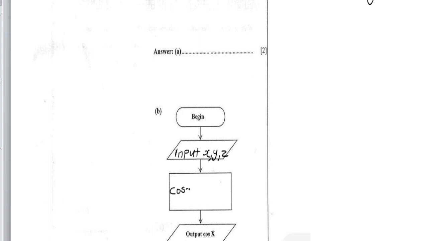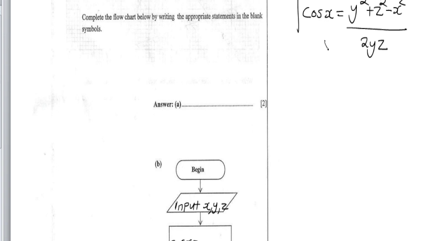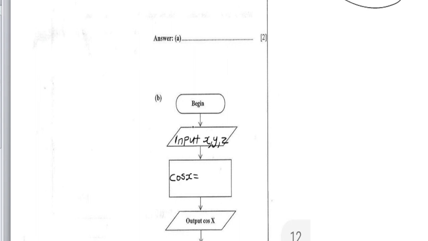So cos x is equal to the formula that we've made here. I just have to copy it there. Cos x is equal to y squared plus z squared minus x squared, then everything over 2yz.